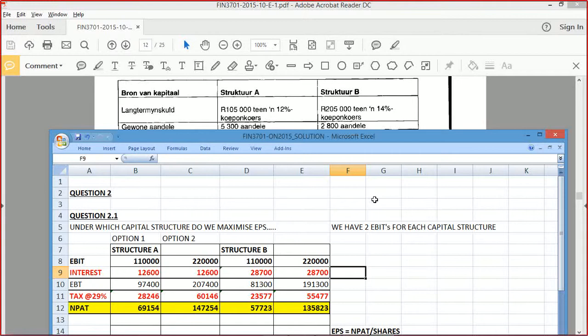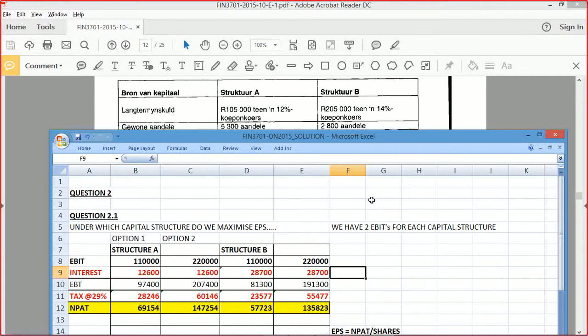So it equals 29% equals 55,477. Okay, so 135,823 is the profit for structure 2.